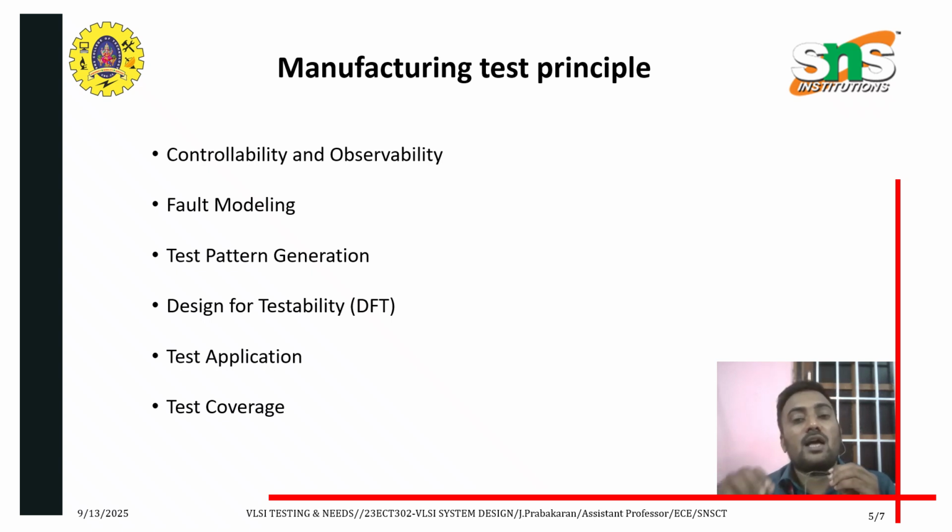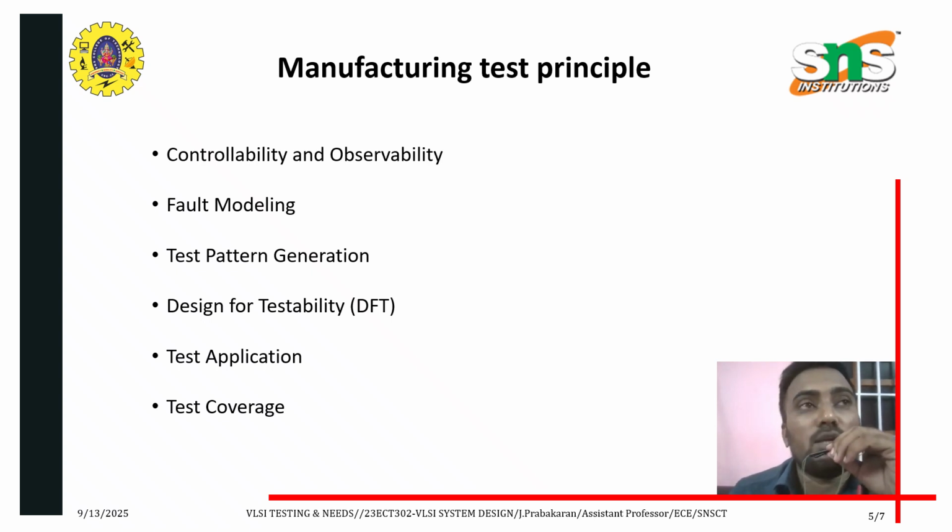ATPG is nothing but automatic test pattern generation. And fourth one is design for testability, incorporating special structures to improve test efficiency. Special structures mean scan chains, boundary scan, and built-in self-test.